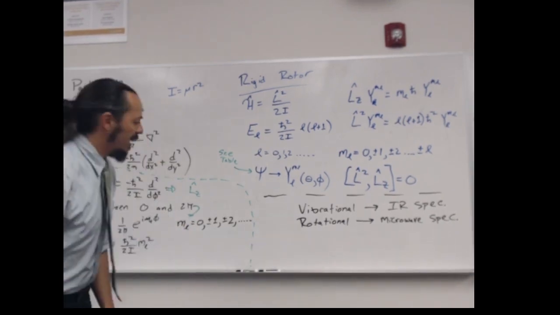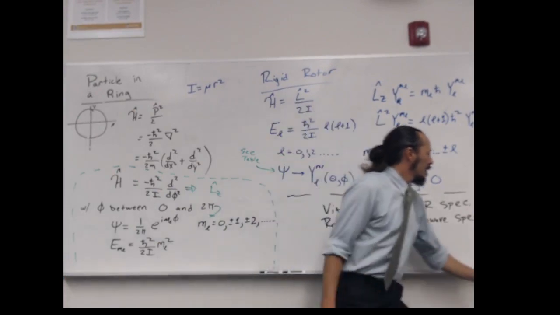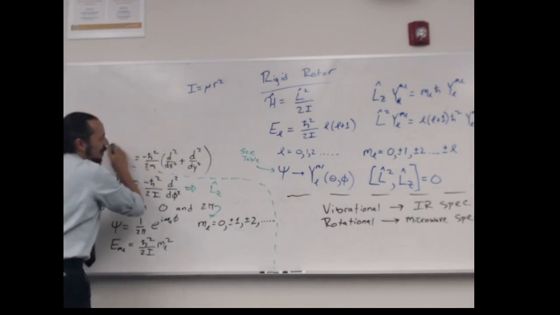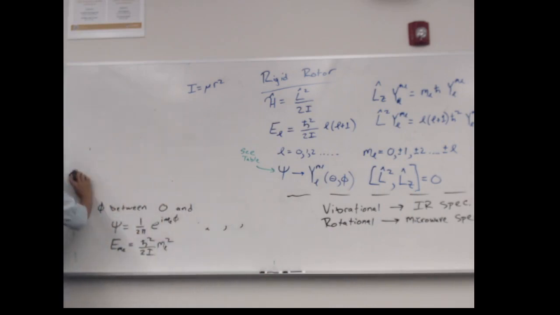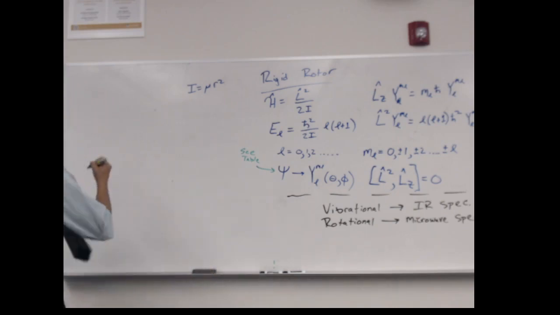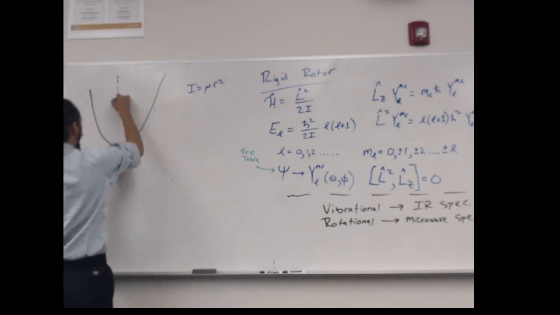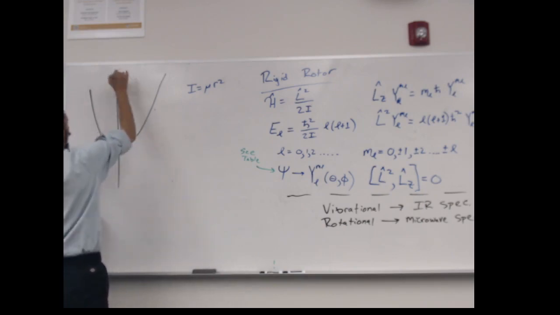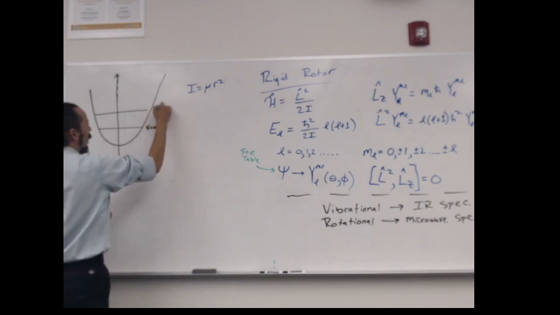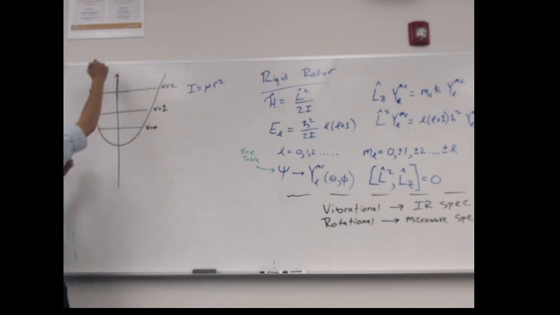I like to draw a picture associated with this. The vibrational is going to be a bigger energy, the microwave is going to be a smaller energy. So if I draw a vibrational, kind of our typical harmonic oscillator, and I could keep going, I just ran out of space here.